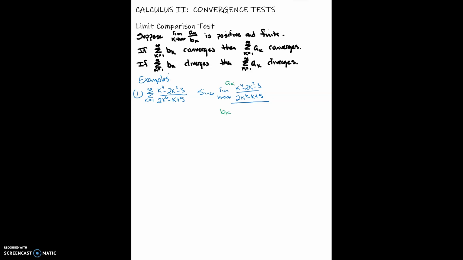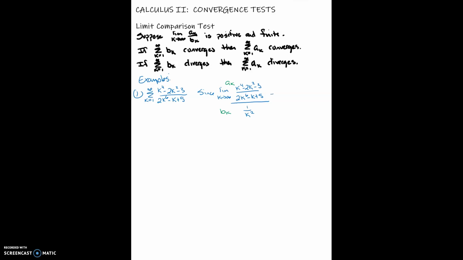What I notice here is that the leading coefficients, k to the fourth over 2k to the sixth, actually reduces to a nice little ratio. So let's use that as our b sub k's. That's 1 over k squared. Again, we had to choose those, but I was looking at the leading coefficients there.